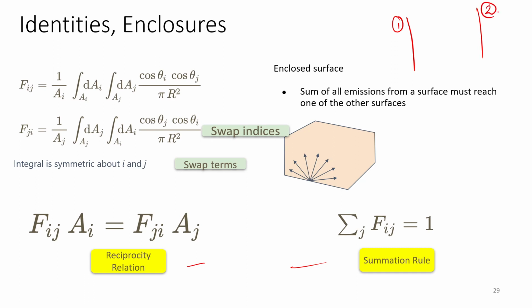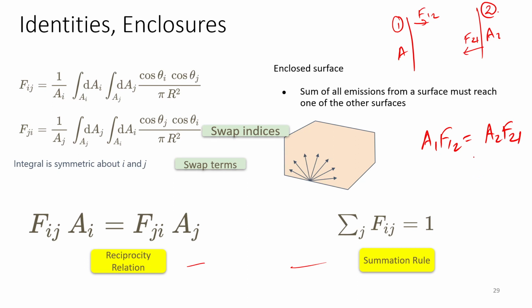The view factor for the radiation that leaves 1 and reaches 2 is F12, similarly vice versa it is F21, and if the area of 1 is A1 and the area of 2 is A2, then for this system we can write the reciprocity theorem as A1 F12 is equal to A2 F21.